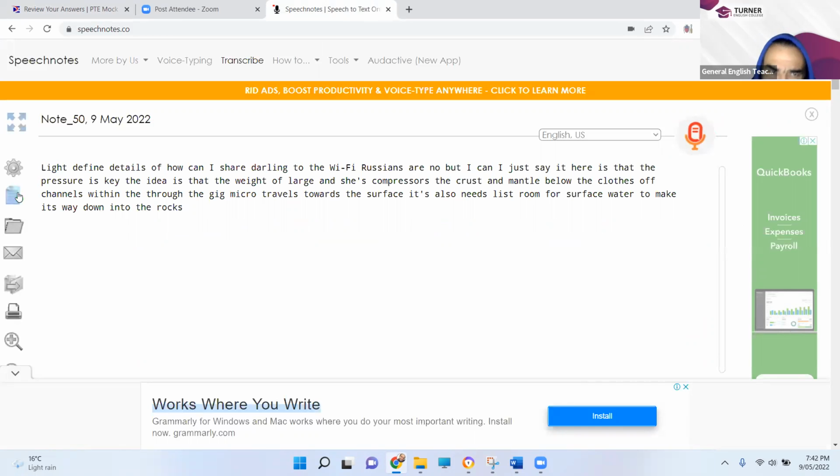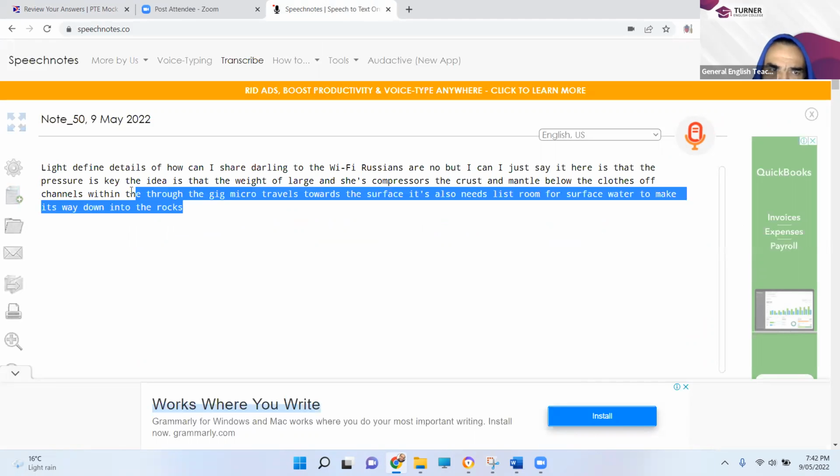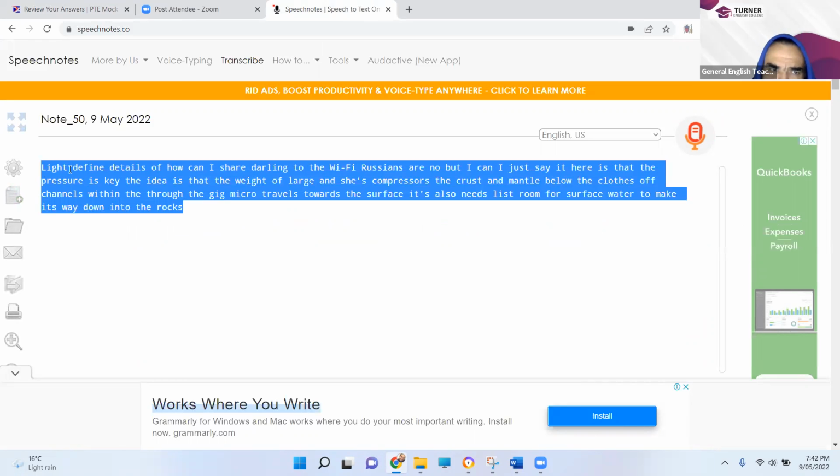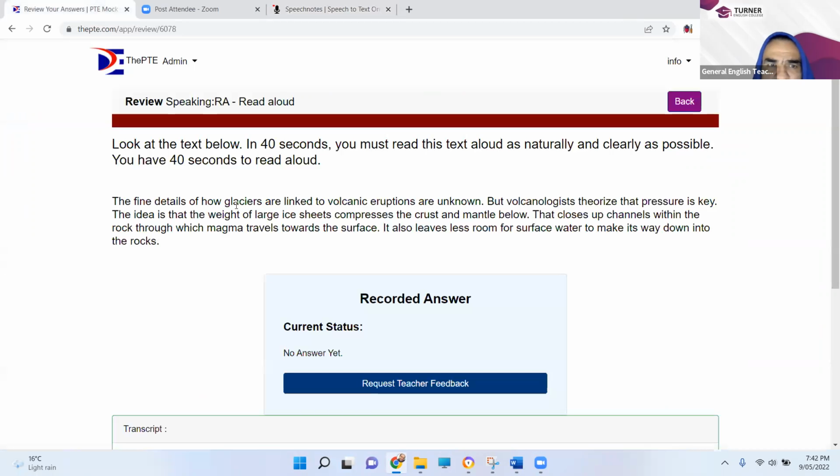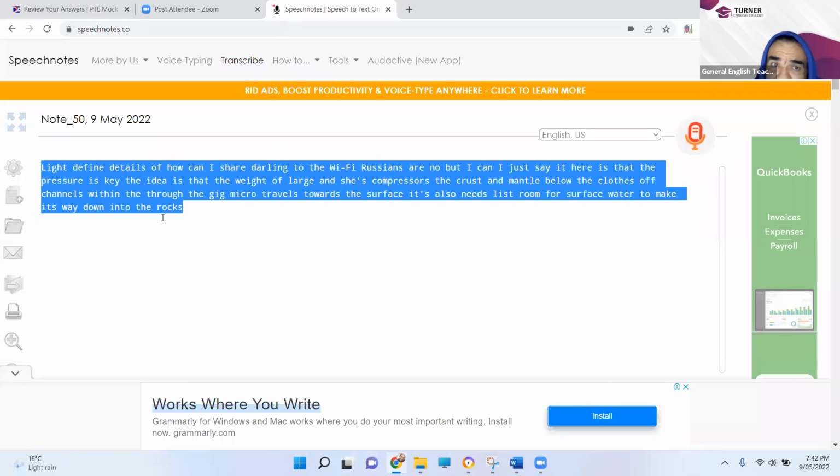Okay, once you did this, you can compare this with this and see how much you got. So this is exactly what happens in the repeat sentence, in the read aloud. Now, the only thing that is different is that you only need to get around 40% of this right.